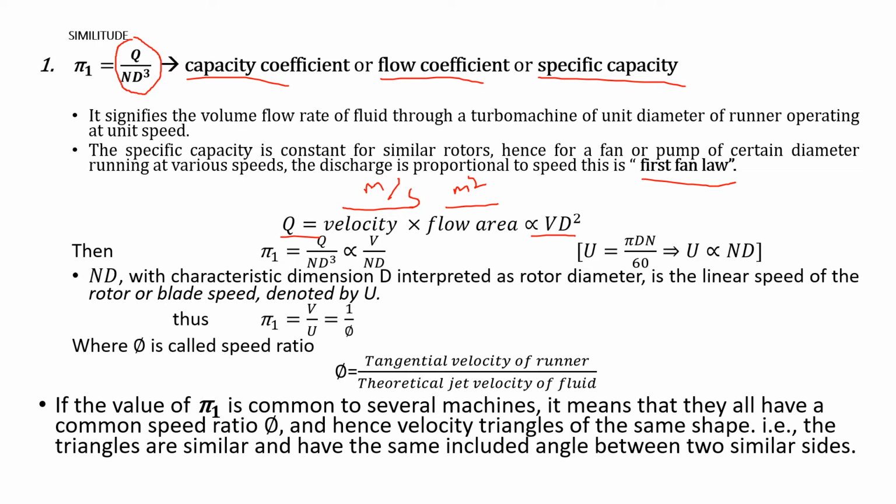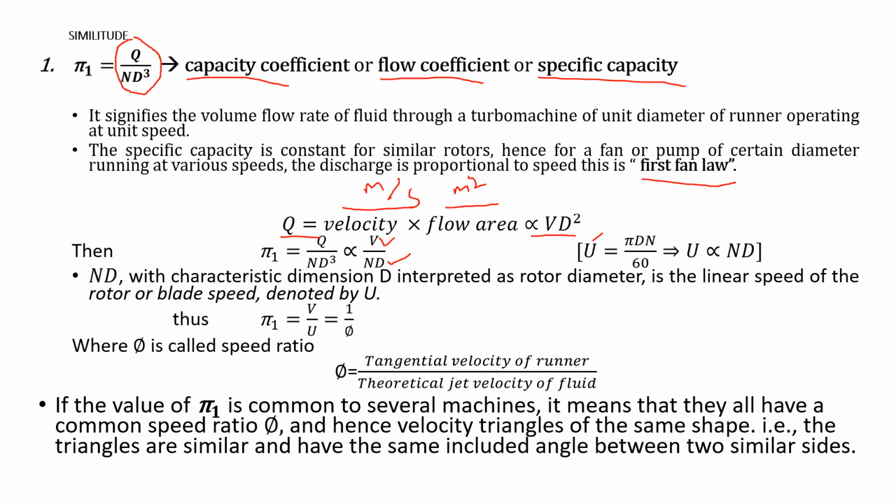So pi 1 is equal to Q by ND cube, which is modified and can be written as proportional to V by ND. Now what is this ND? We know U, the rotor speed, is given as pi DN by 60.